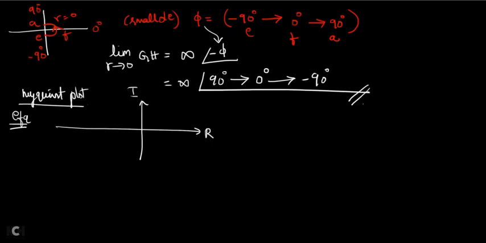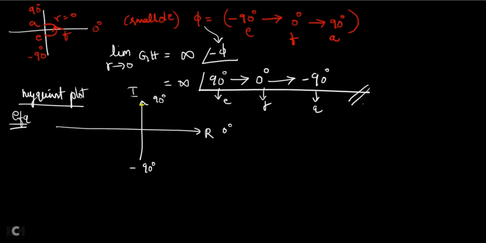So from where I have to start? See, remember this is 90 degree, 0 degree, minus 90 degree. So where is my E? This will be your E, this will be your F, this will be your A, E, F, A direction. So where is E now? 90 degree. And what is that? Infinity you have to take. Magnitude is infinity. So mark infinity.